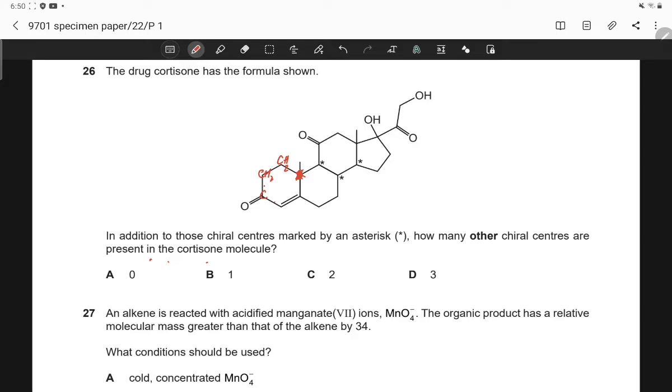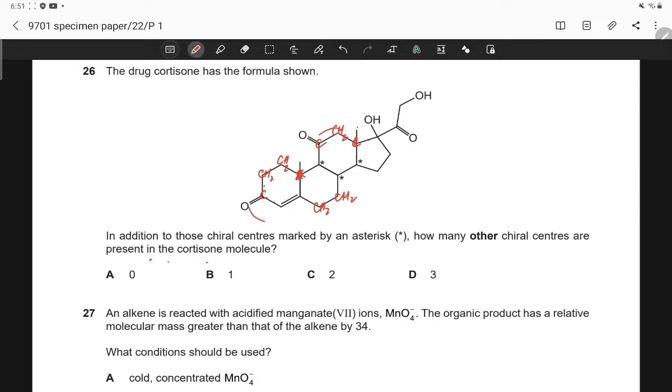This is one chiral carbon, and this is the same. CH2, and this is carbon 1, 2, 3, and 4.